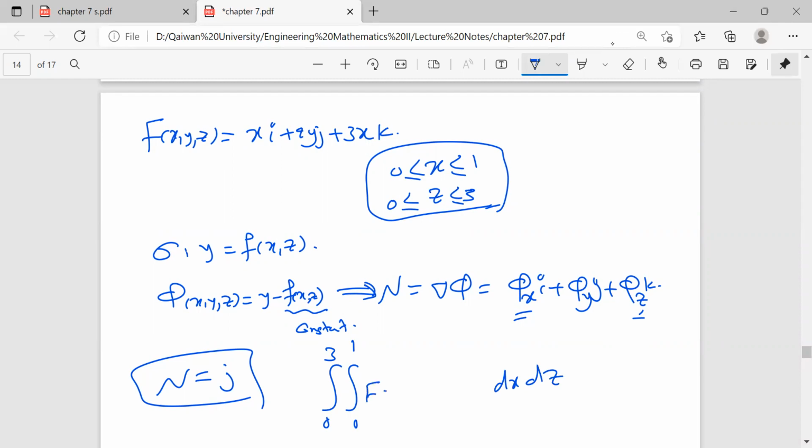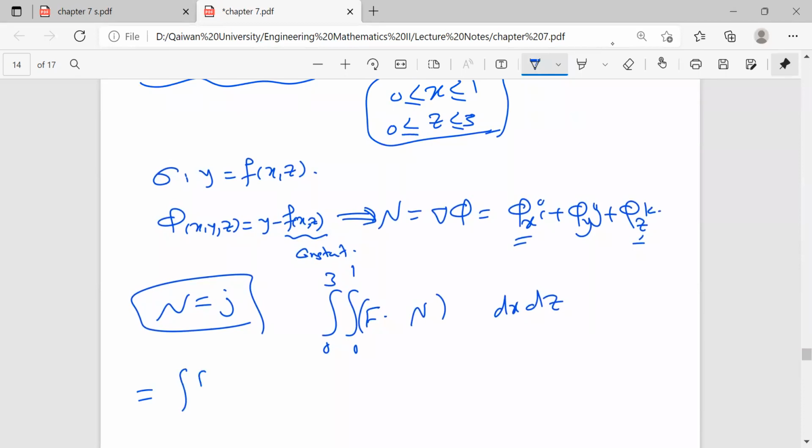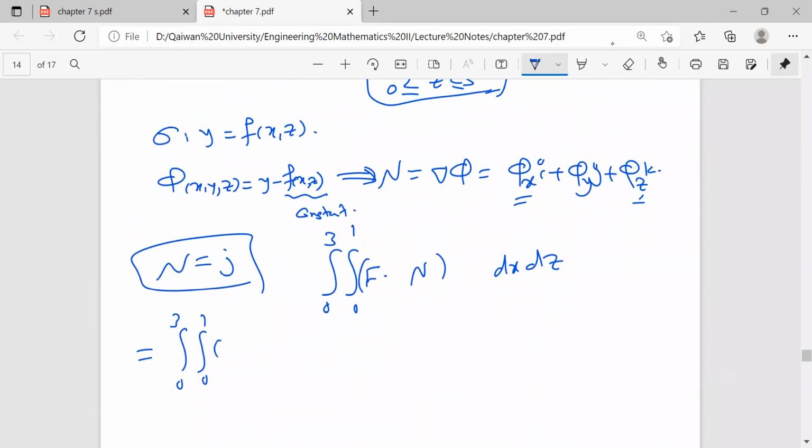It's F dot n. n is only j, and F is this. Let's multiply them and find the dot product of them. This equals the double integration from 0 to 1 and from 0 to 3 for F, which is xi plus 2yj plus 3xk, dot 0i plus j plus 0k.